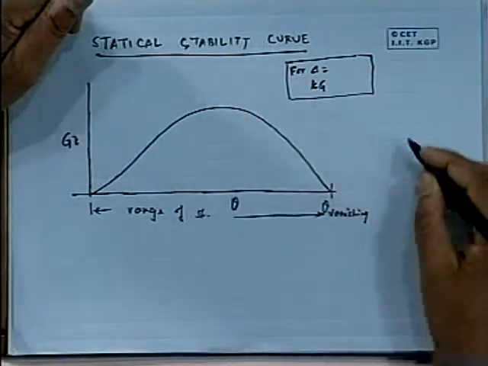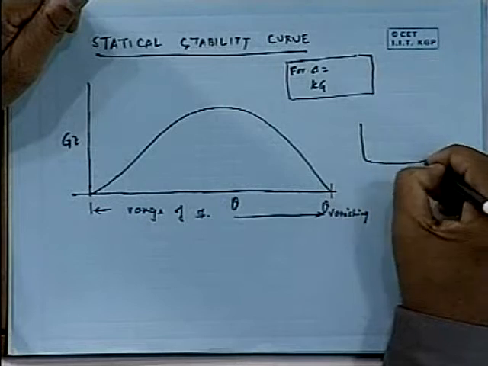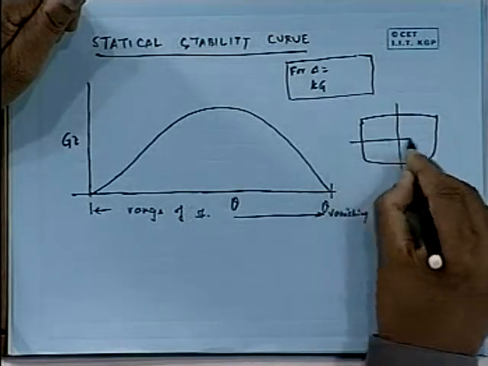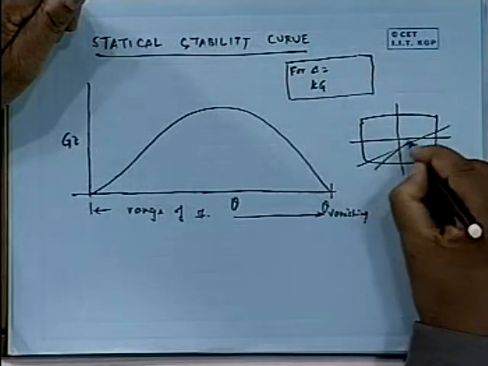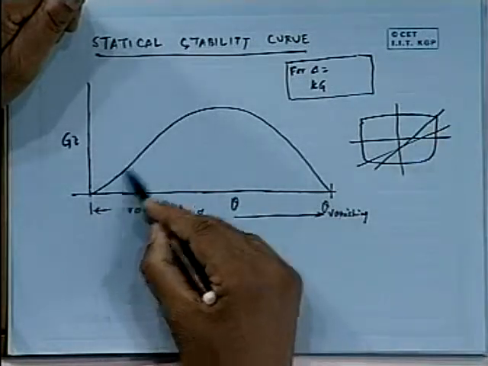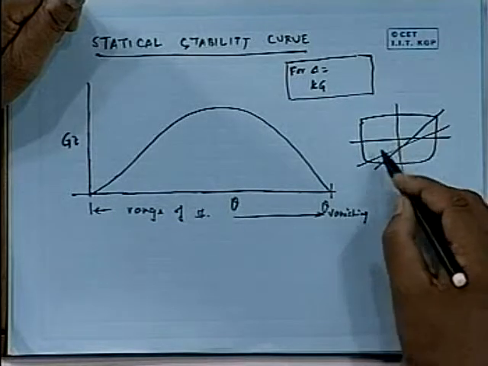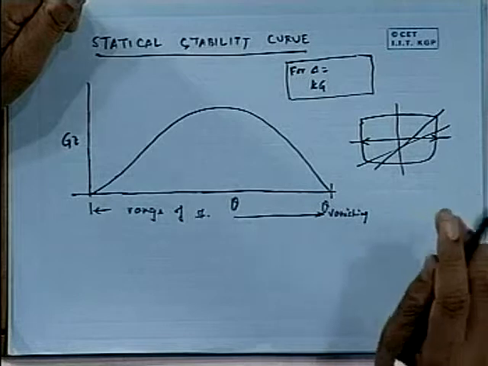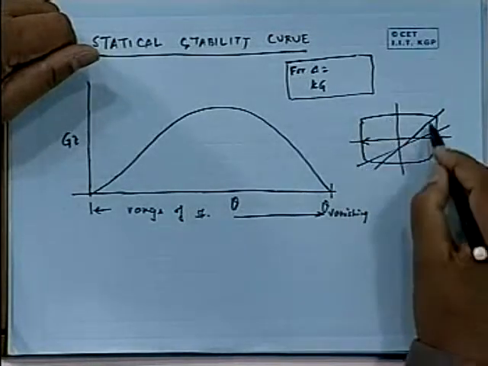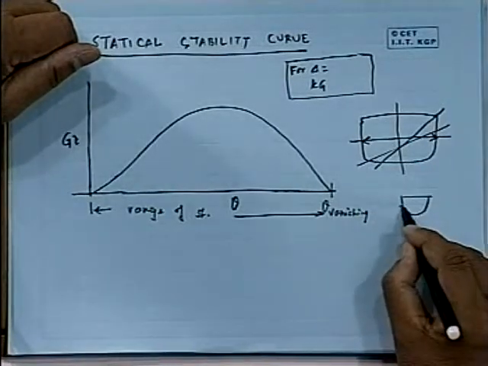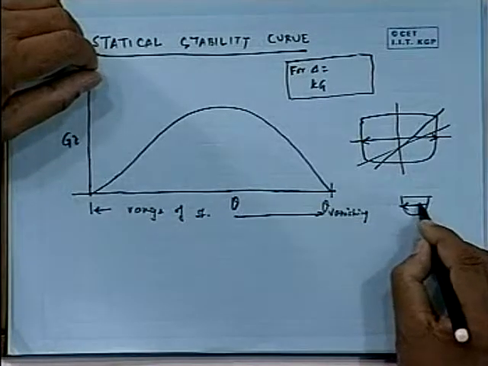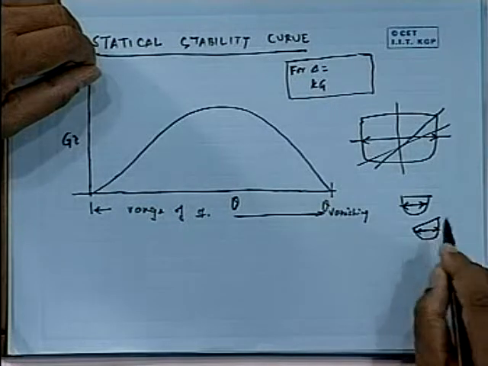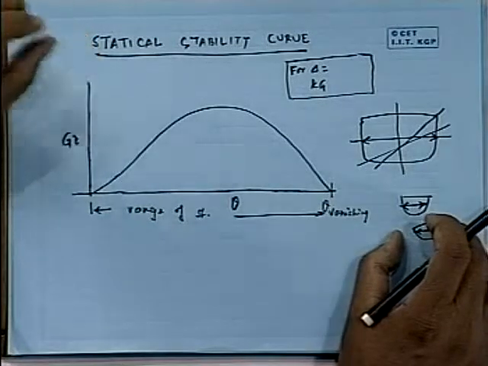Number one is that most ships, as they keep tilting, the GZ increases. You can see it very intuitively: if my initial configuration is like this, my stability depends on the parameter I of the waterplane.